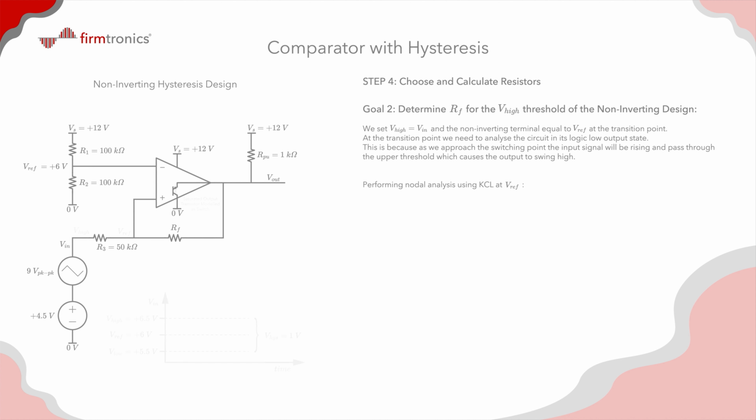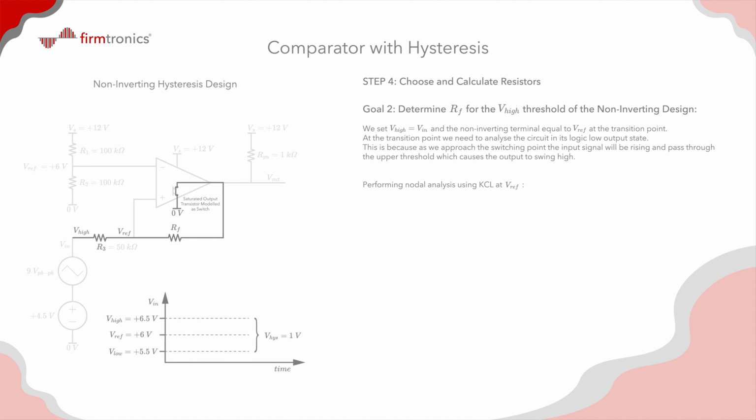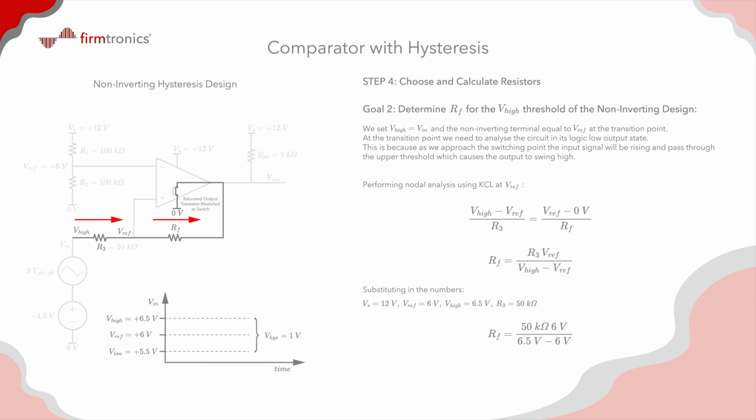So performing nodal analysis using Kirchhoff's current law at V sub ref, for the arrow on the left hand side, we have V sub high minus V sub ref divided by R sub 3, and that equals V sub ref minus 0 volts divided by R sub F. If we rearrange to make R sub F the subject of the equation, then substitute in the numbers and do the calculation, this should give us a result of 600 kiloohms.